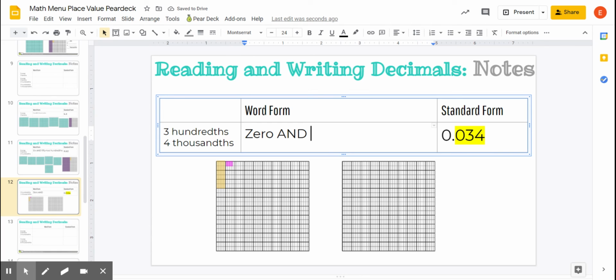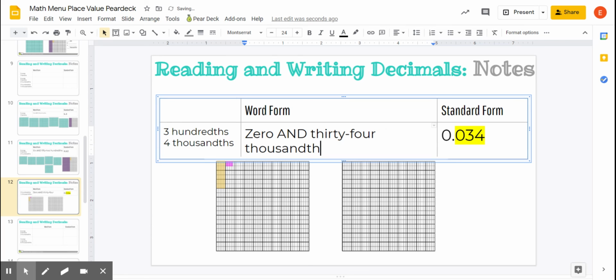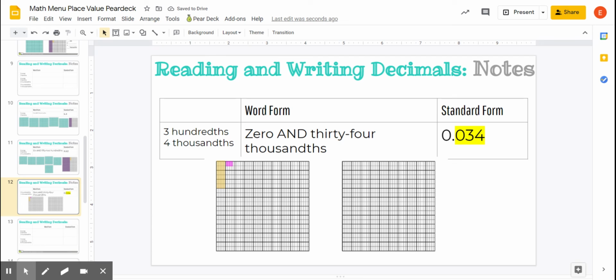So what I would write is 34, and then my place value word would be the last place value I am in, and that's in the thousandths place. So this is 0 and 34 thousandths. So that's how I would have this number in standard form and word form.